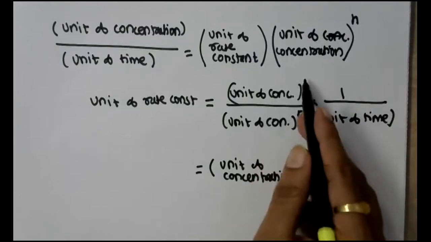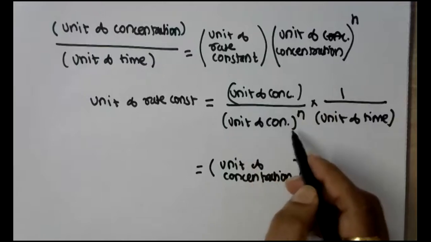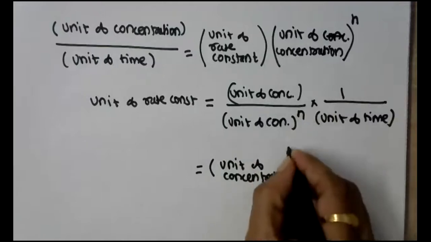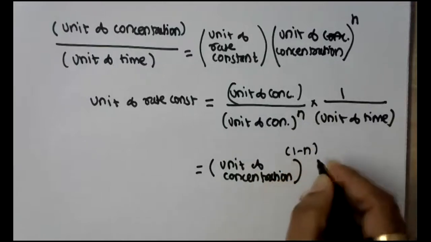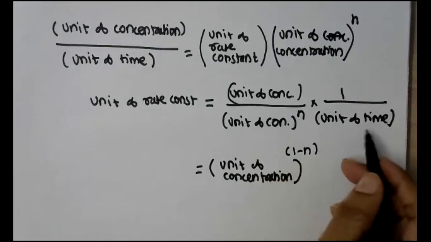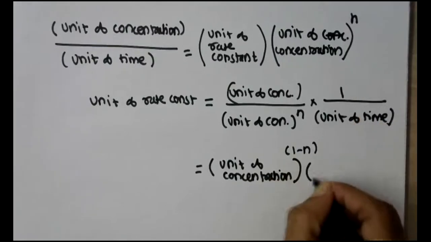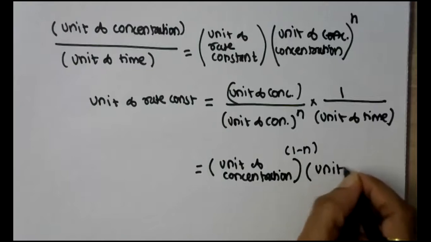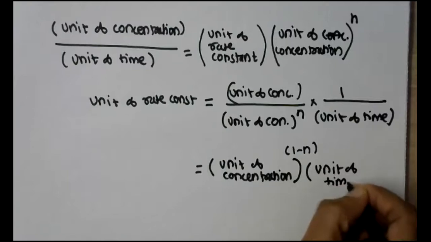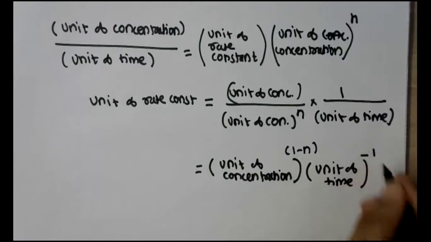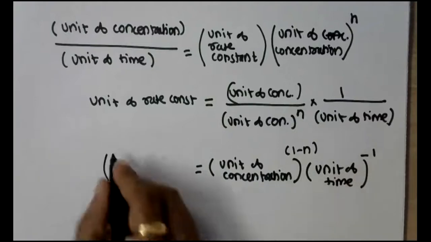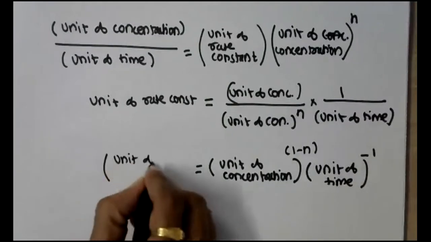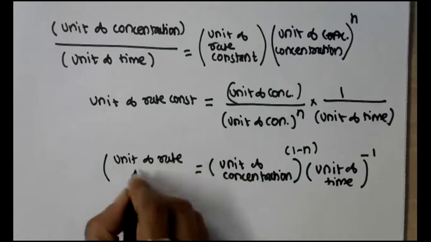So unit of concentration raised to 1 divided by unit of concentration raised to n gives unit of concentration raised to 1 minus n, and this unit of time I can take in the numerator, so unit of time raised to minus 1. And that is the unit of rate constant.